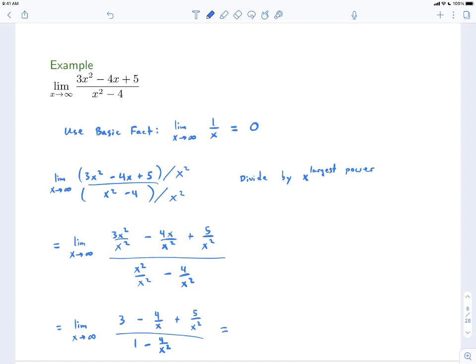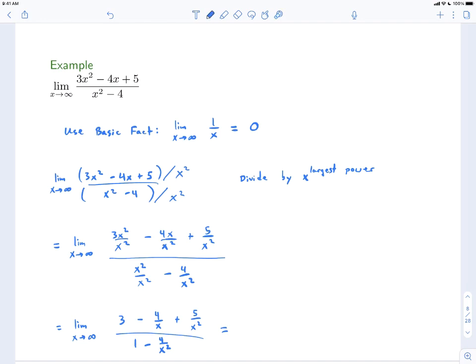Now what will this be equal to? Well, notice that we have just simply a 3 in the numerator, minus 4 over x. As x goes to infinity, this term will go to 0. Similarly, 5 over x squared will also go to 0. And the same for 4 over x squared. That term will also go to 0. We know that 1 over x goes to 0, so any positive integer power of 1 over x will also go to 0.